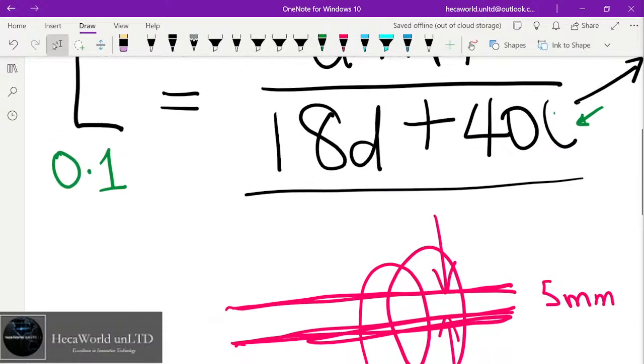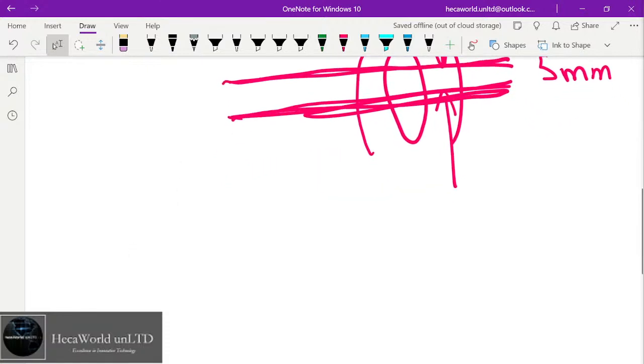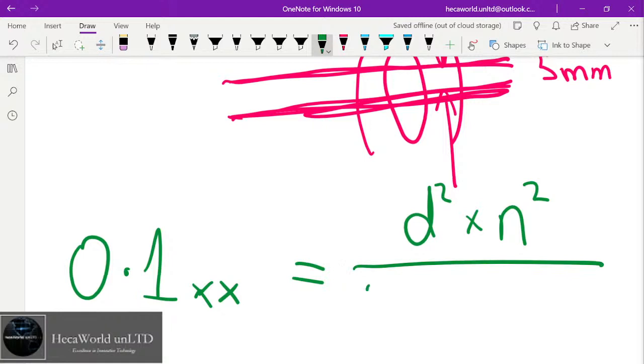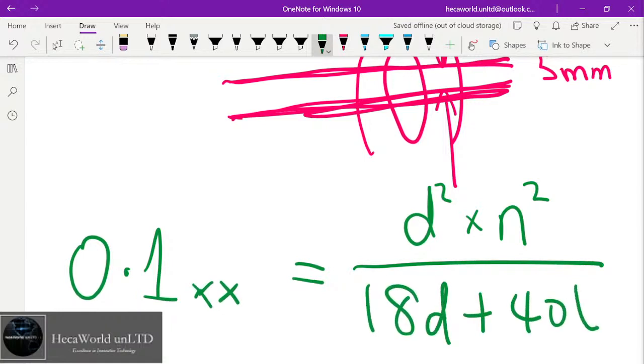So I'll give you an example. I'm looking for 0.1 of a particular unit. I don't know the unit right now. Then I know that this will be D squared multiplied by N squared divided by 18D plus 40l, small l.